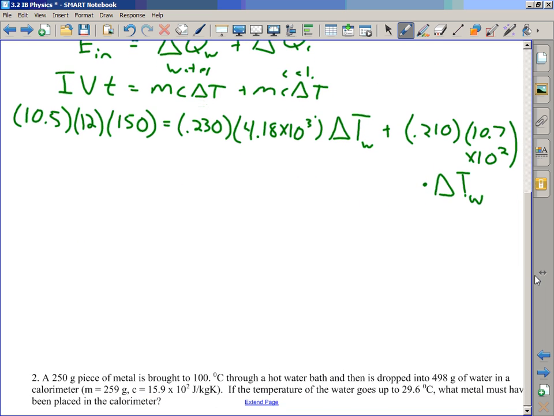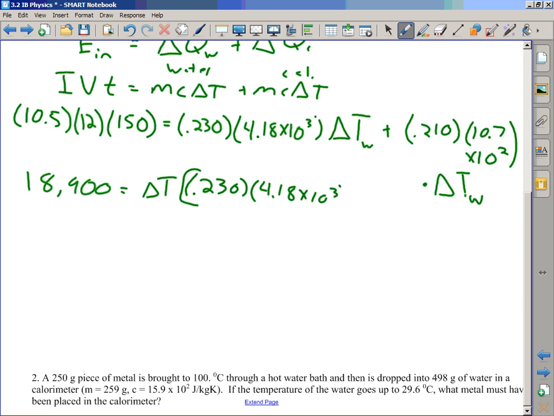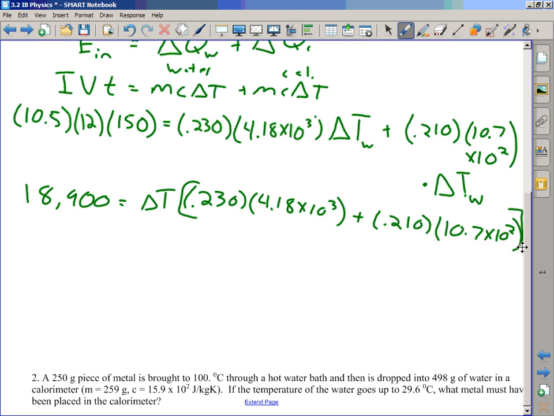Now it's just algebra. Reducing down, someone multiply that entire left side for me, please. 18,900 equals, I'm going to factor out my delta T, and that leaves me 0.230 times 4.18 times 10 to the third plus 0.2 times 10.7 times 10 to the second, in brackets.